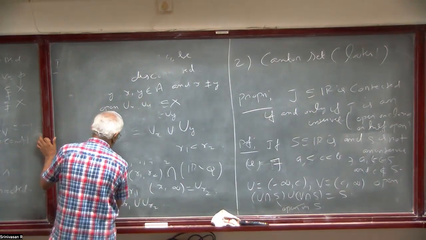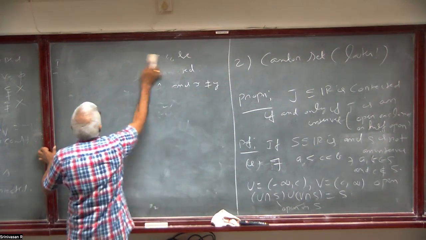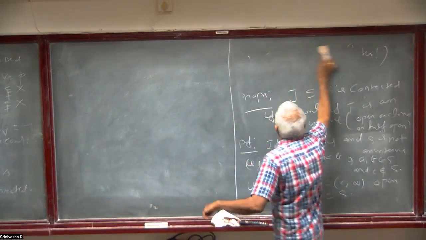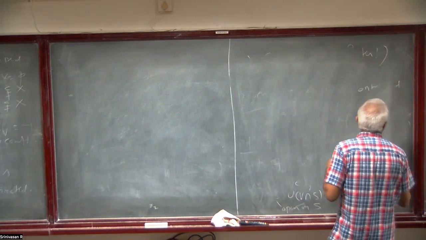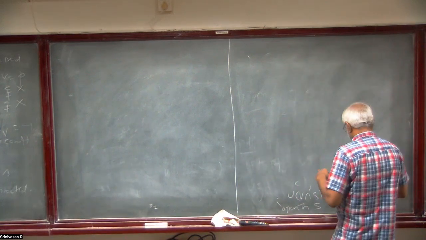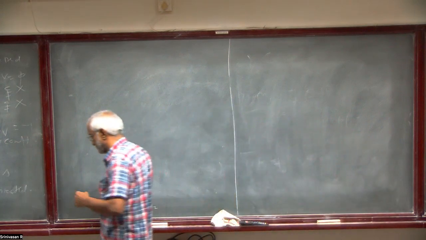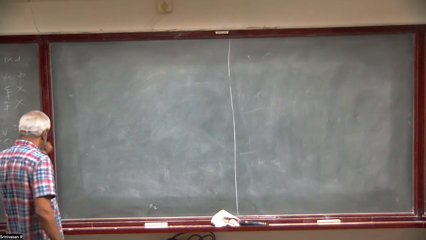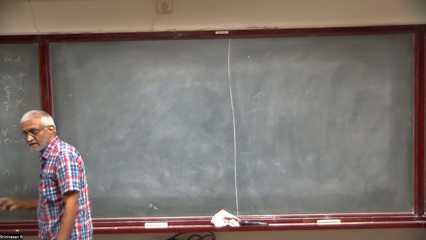Use this criterion to prove this. You can prove it directly also, but this is just easier. We want to prove that f of X is connected.